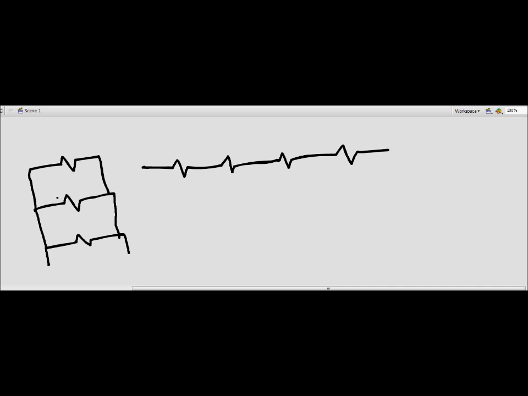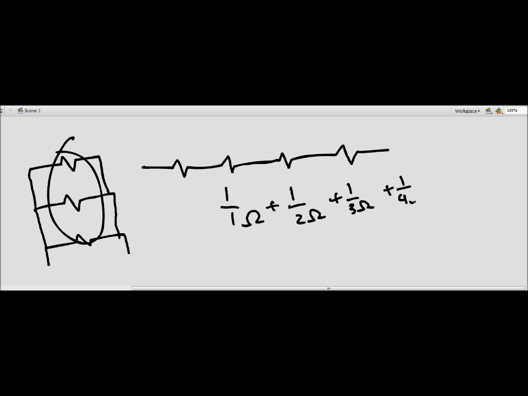So to find the resistance for this, we're just going to plug in that stuff. So we've got 1 over 1 ohm plus 1 over 2 ohms plus 1 over 3 ohms plus 1 over 4 ohms.